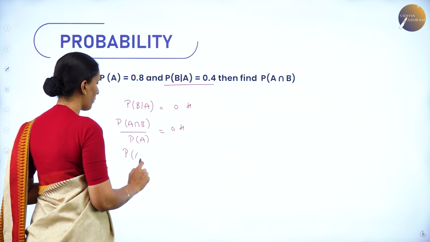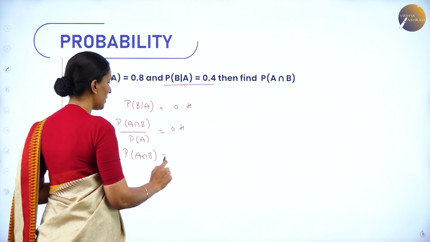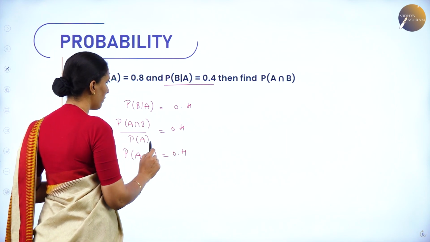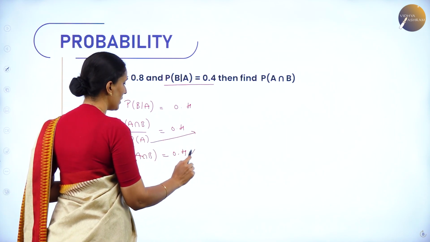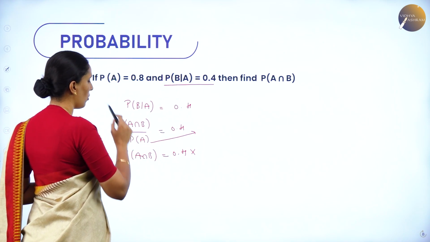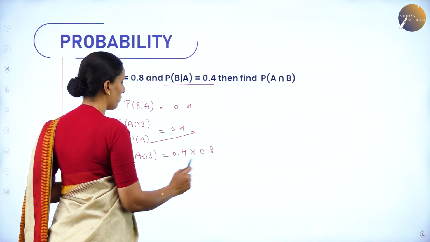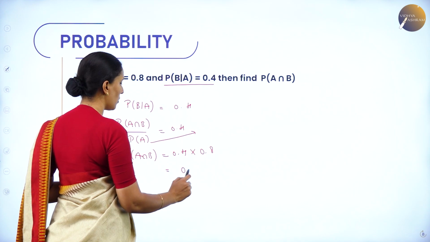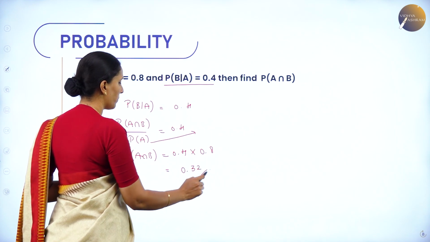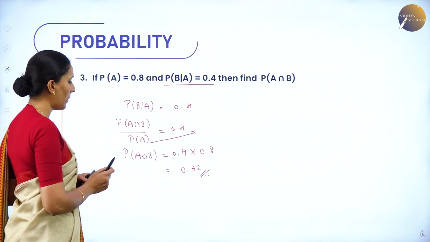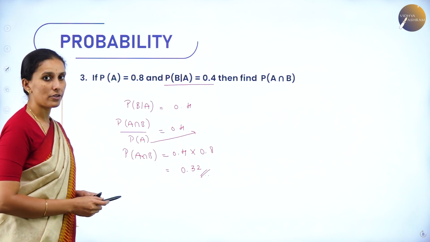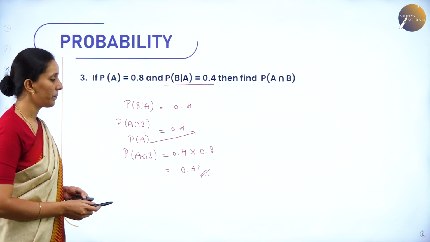So probability of A intersection B is equal to 0.4 times probability of A, and its value is given as 0.8, so 0.4 into 0.8 can be written as 0.32. So this is the probability value of simultaneous occurrence of event A and B.